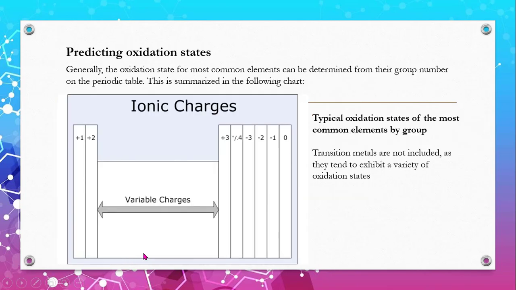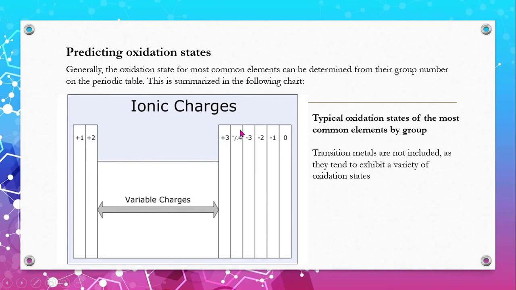Now, using that same pattern, we can predict oxidation states. So generally, the oxidation state for most common elements can be determined from their group number on the periodic table. So this is basically the shape of the periodic table, right? Group 1, Group 2, Group 3 elements, they would have a charge of +1, +2, +3, right?